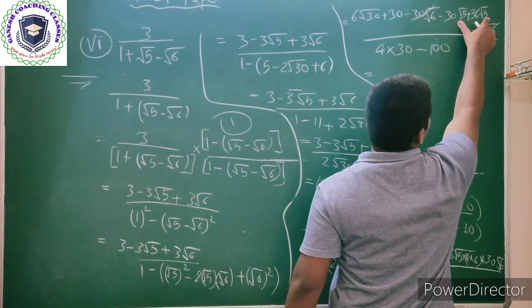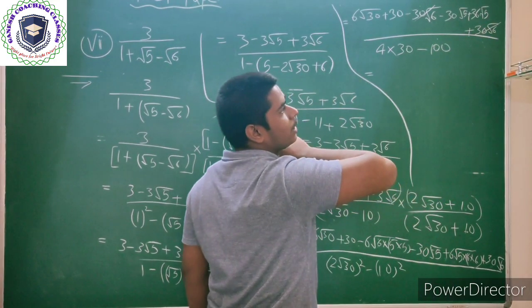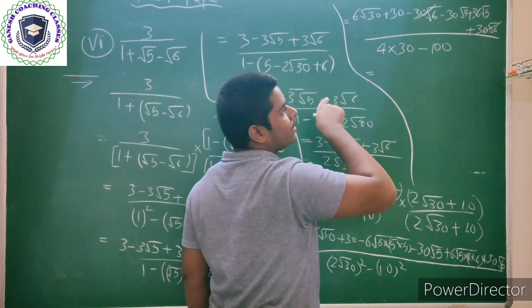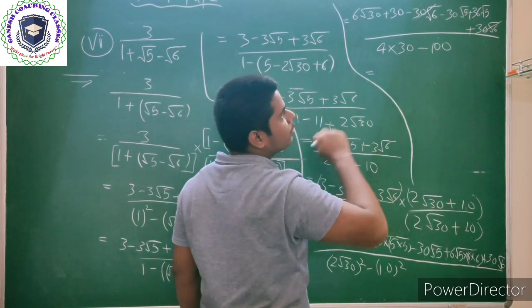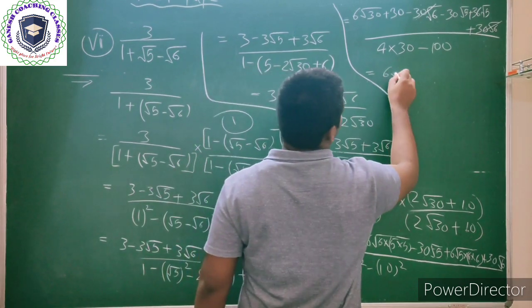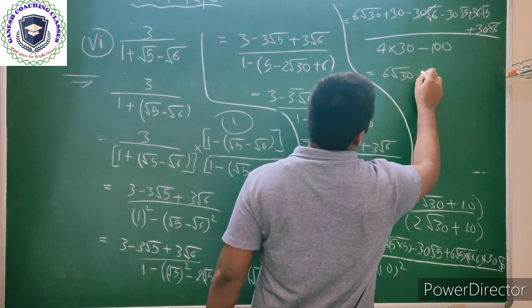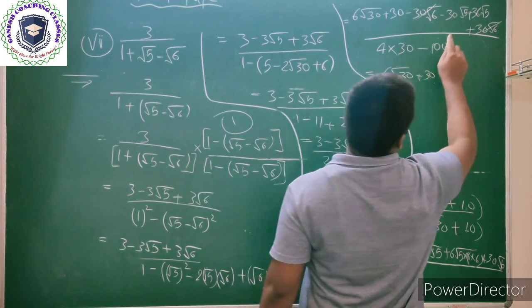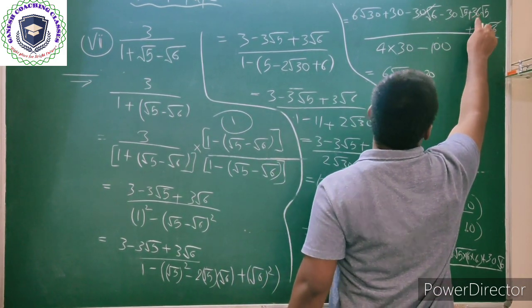Both the surds carry equal order as well as radicand, so we can perform addition or subtraction operation between these two surds. Okay, and the other numbers will remain as it is, that is 6 root 30 plus 30. Okay, and what remains here? Minus 30 plus 36.